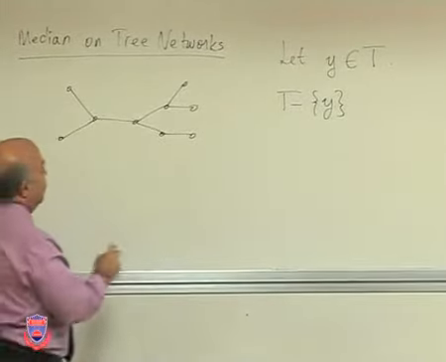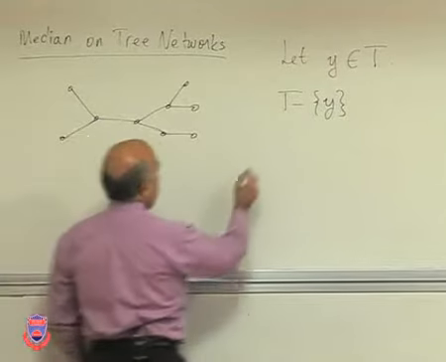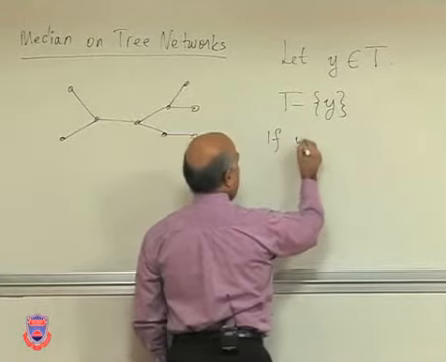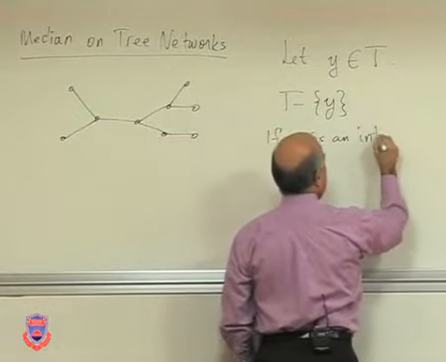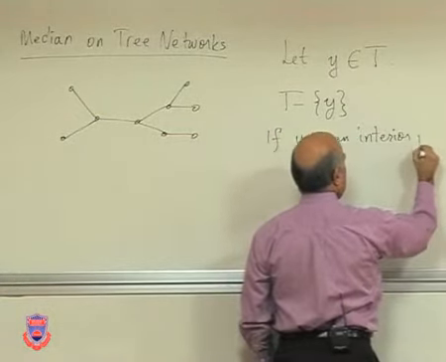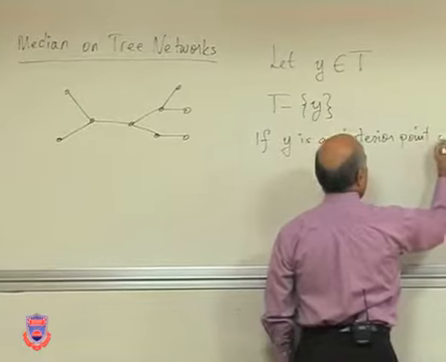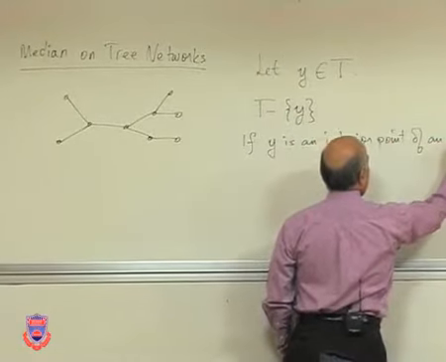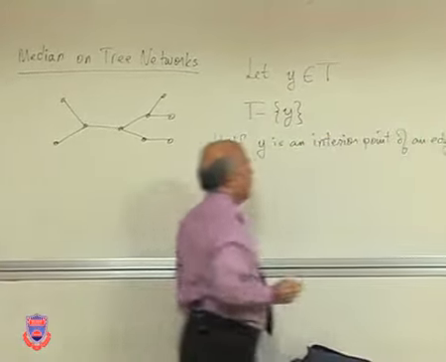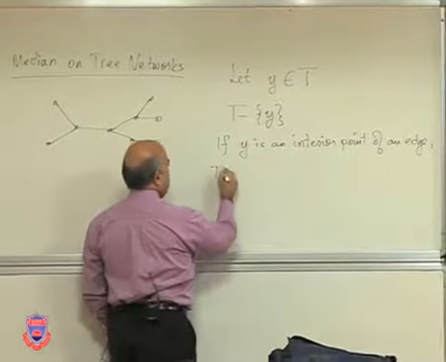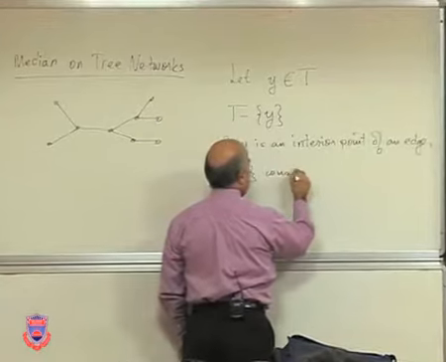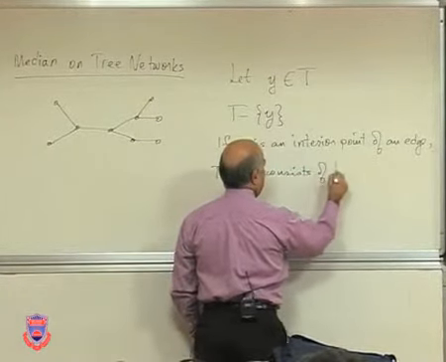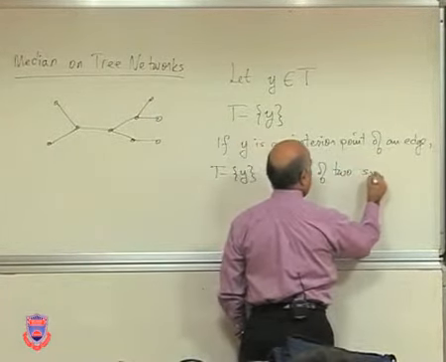So when you remove this, if y is an interior point of some edge, then T minus y consists of exactly two subtrees.